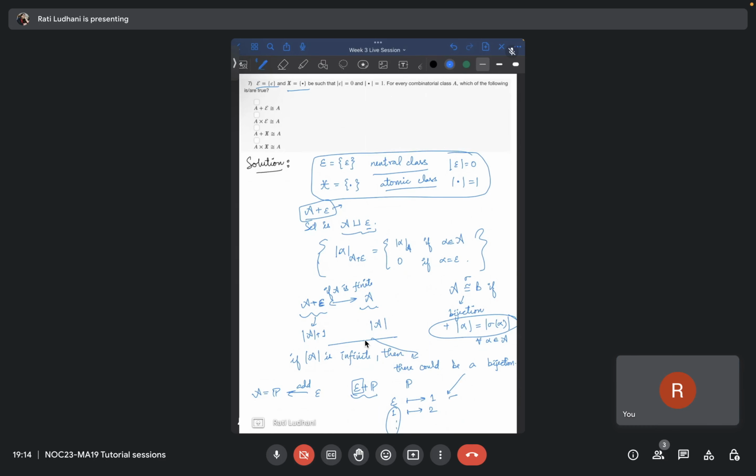I am not familiar, but I know this fractional part and modulus. So this is a question related to combinatorial class. Are you familiar with combinatorial class? Yes. Okay, so do you know the definition?